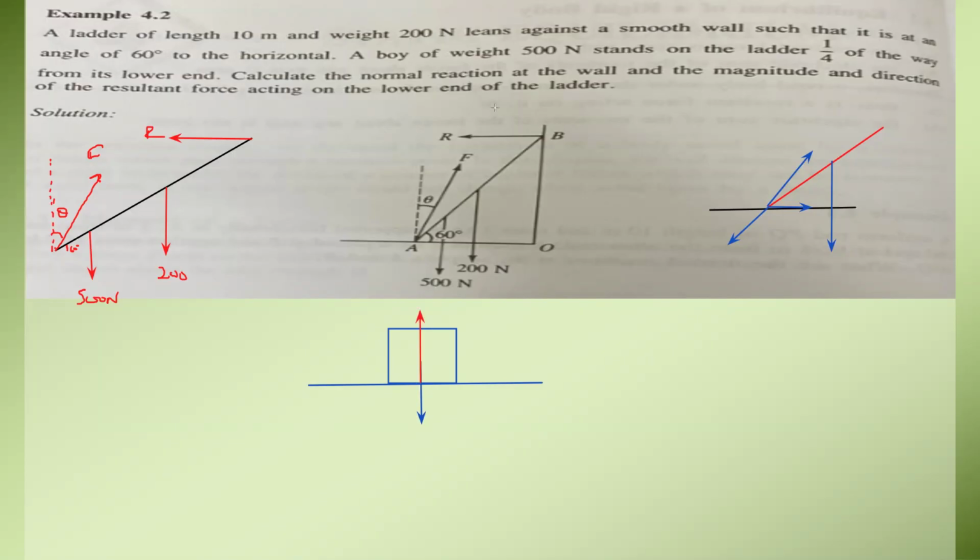But now in case of a ladder, what happened? This is representing a horizontal surface and this is representing the ladder. What are the forces on the ladder? One is the weight of the ladder, which is acting downward. Another one is the force of friction, which stops the ladder from sliding down.